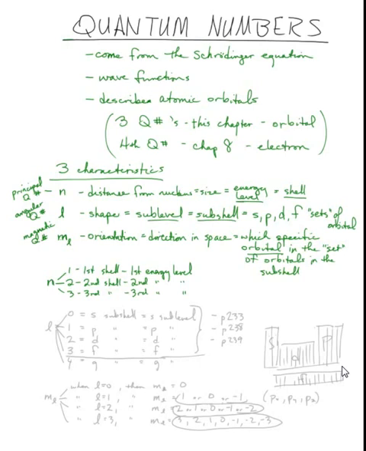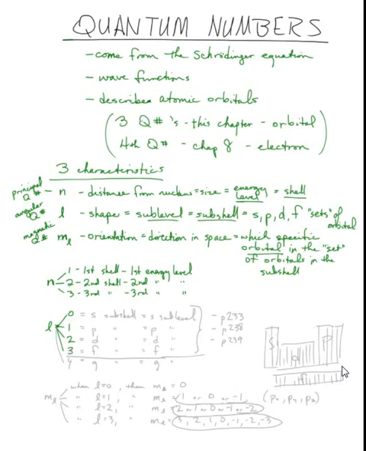So anytime l is 0, we're in an s subshell or an s sublevel, whichever way you want to say it. When l is 1, you're in the p subshell, which is the same thing as the p sublevel. If l equals 2, you're in the d. If l equals 3, you're in the f.